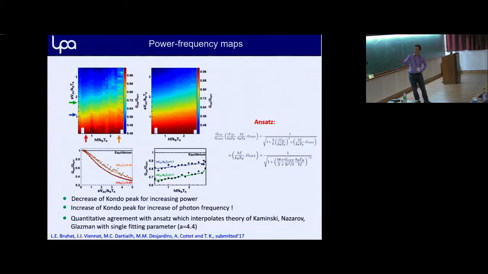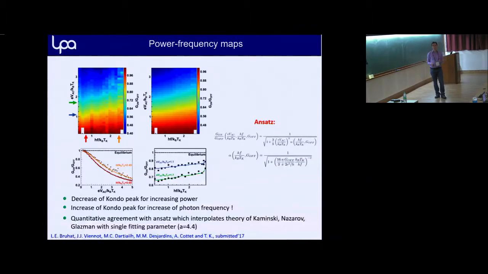All this map is quantitatively understood with a single fitting parameter, the parameter A, which is of order 1 in the theory. So we do have a quantitative understanding of this data by interpolating the theory of Kaminski, Nazarov, and Glazman. This can be considered as the first direct experimental test of the theory of the AC Kondo effect. Okay. So what about scaling now?